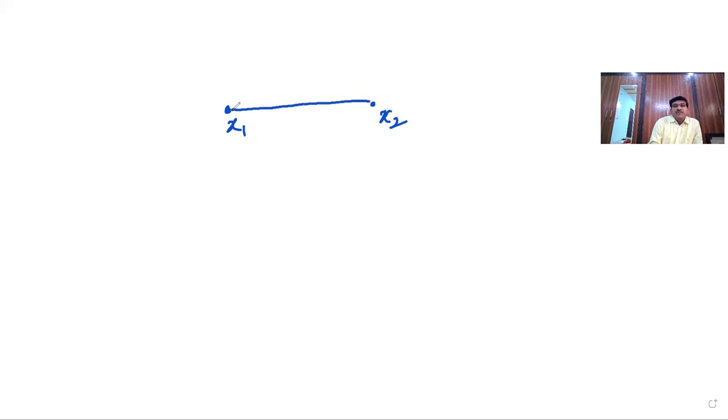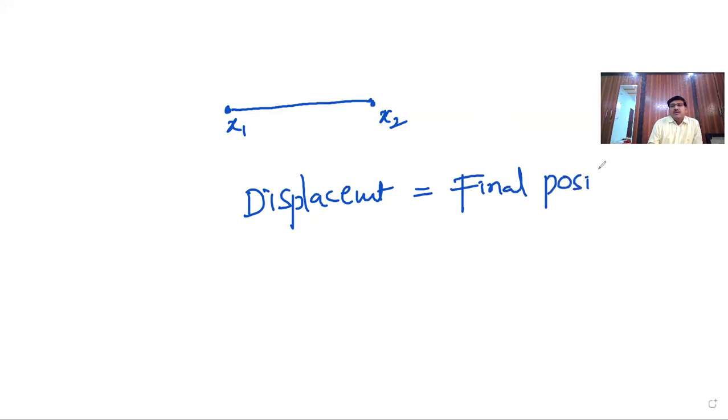Object is changing from initial to final position. So what is the displacement? Displacement is equal to final position minus initial position.